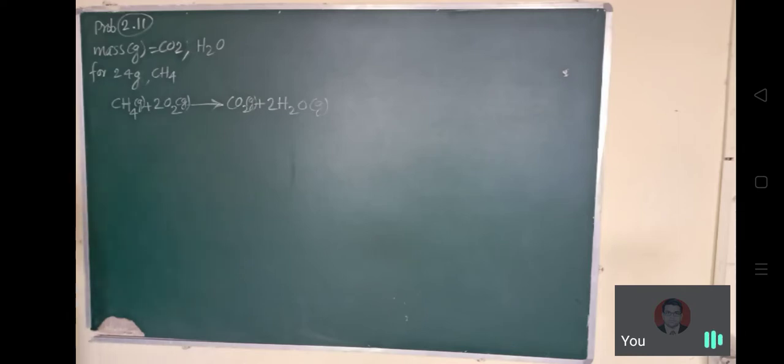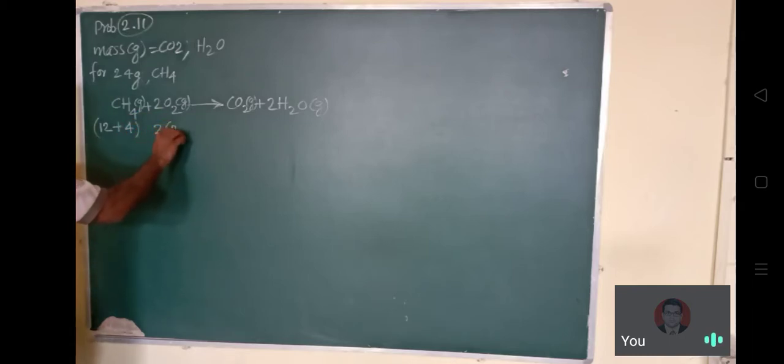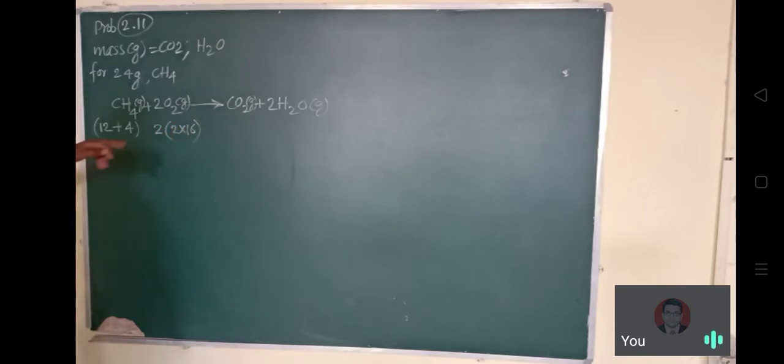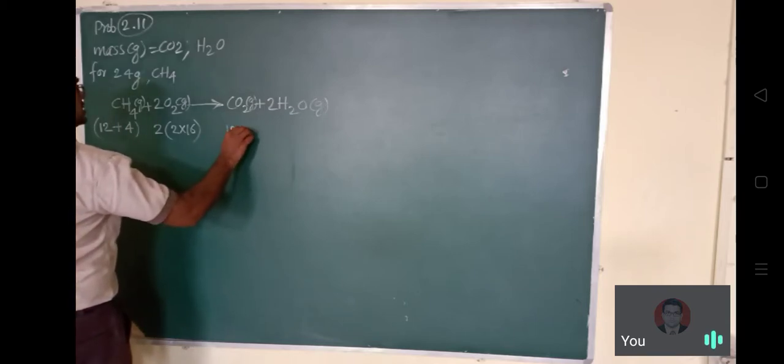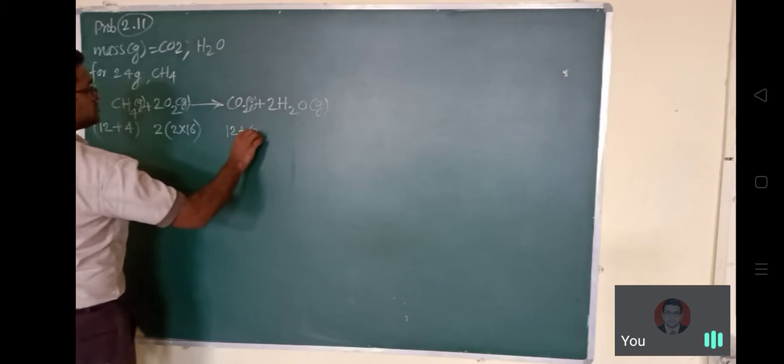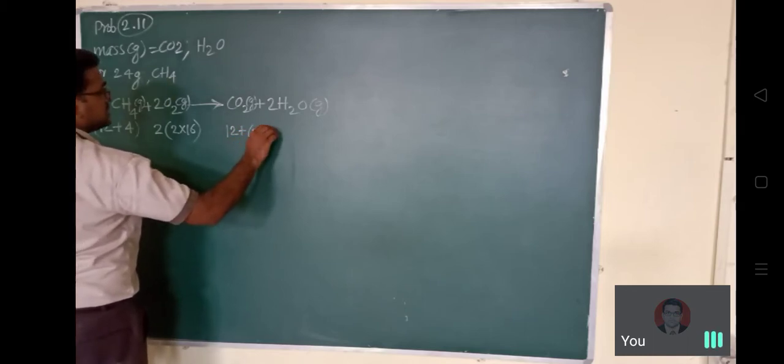Atomic masses are given. For carbon we know it is 12, so one atom gives 12, plus four atoms of hydrogen, whose mass is 4. Then for oxygen, 2 molecules of oxygen, and one atom is 16 unified mass, so 2 multiplied by 16. For CO2, carbon atomic mass is 12 and oxygen has 2 atoms, so 2 multiplied by 16.